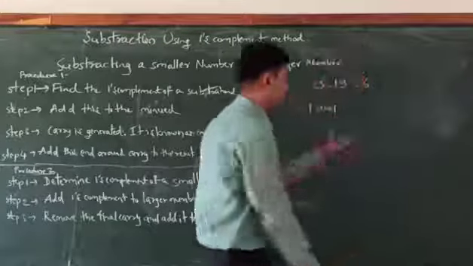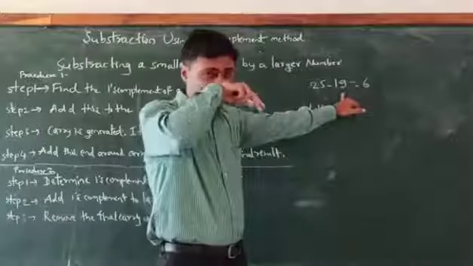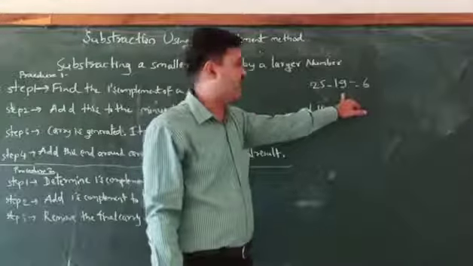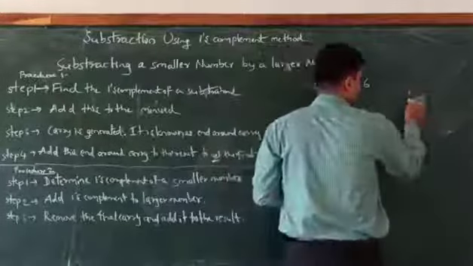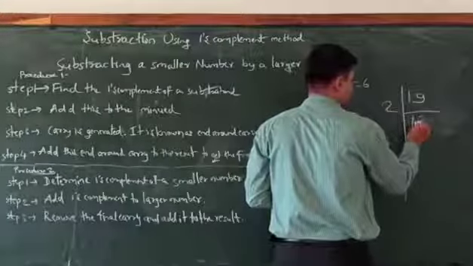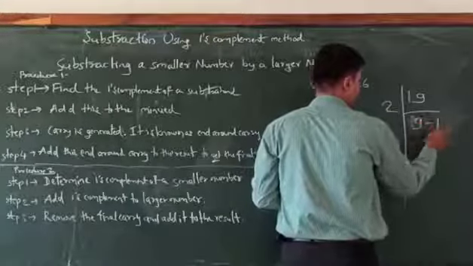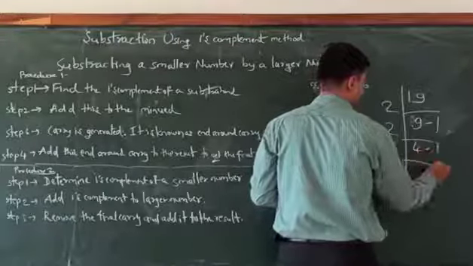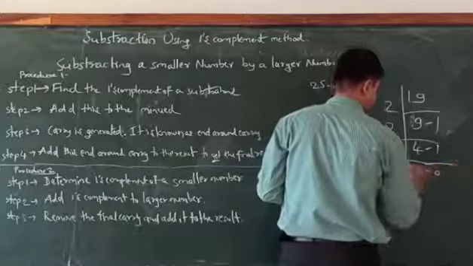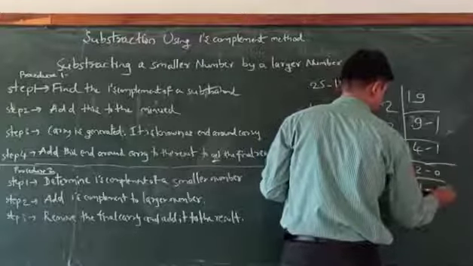Next, 19. Convert 19 to a binary number. That is 19. 2 9s are, 2 4s are, 2 2s are, 2 1s are.